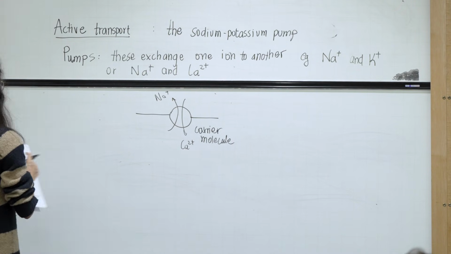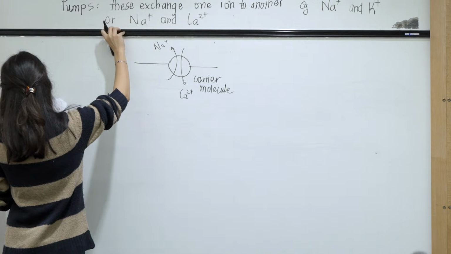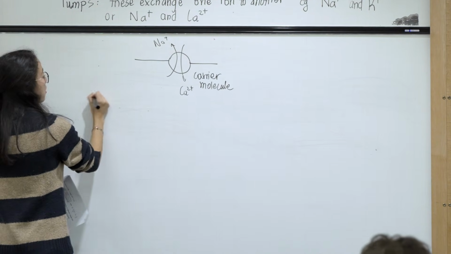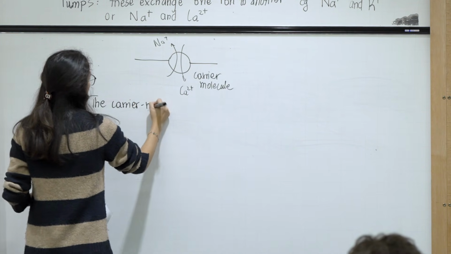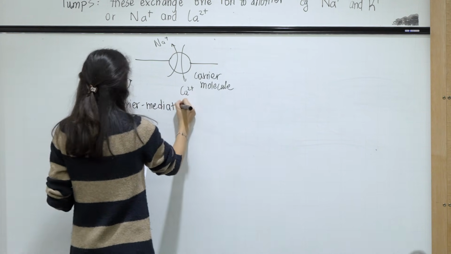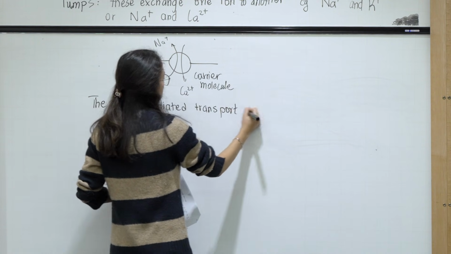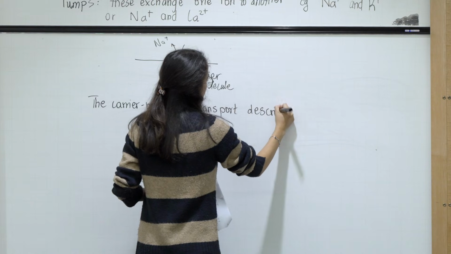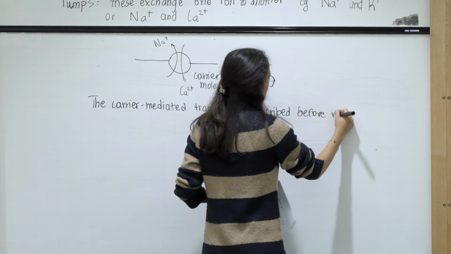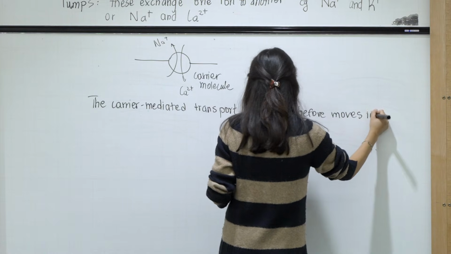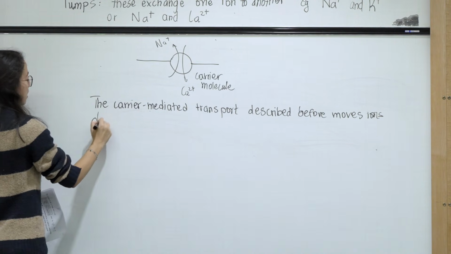Okay, so what does it mean in terms of active transport? So as I said, you need to use some energy for this action. So the previous thing we saw, the carrier-mediated transport, moves ions down chemical gradients.